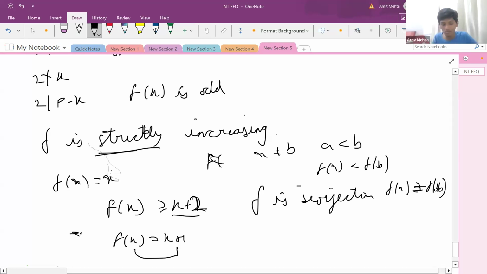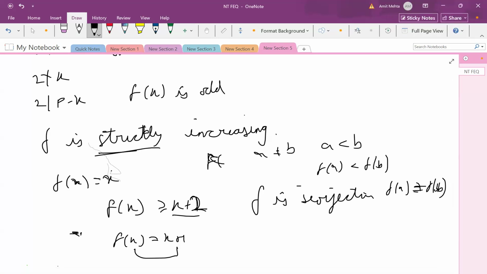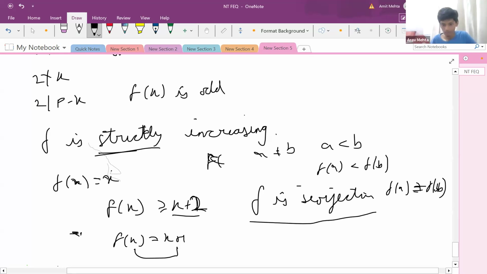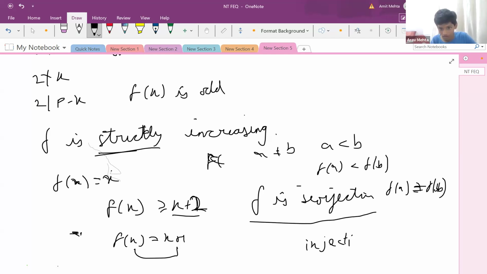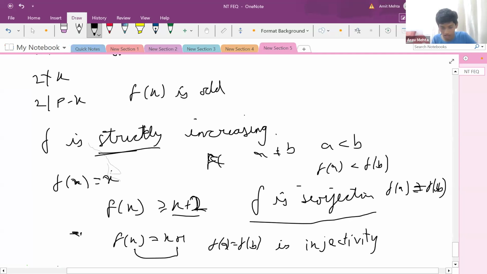Onto. You mean f takes all values? The two values can't take the same. f takes all values. That is surjectivity. Okay, so injectivity is f of a equals f of b implies a equals b.